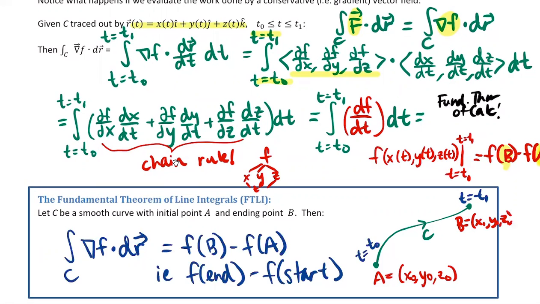Okay. We just realized that the work done is going to be path independent if you have a conservative vector field. And so let's summarize this. Actually, let's try to use this first.